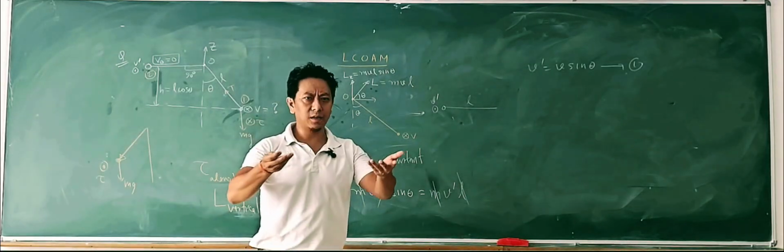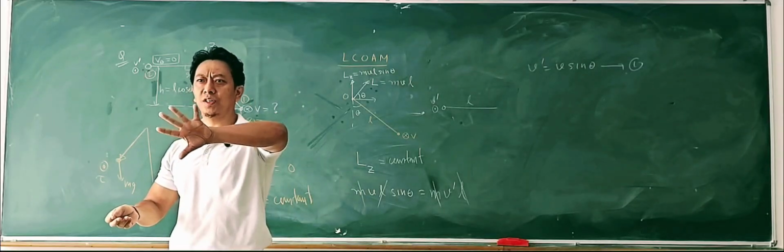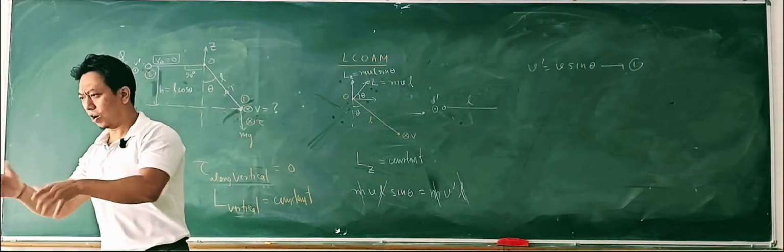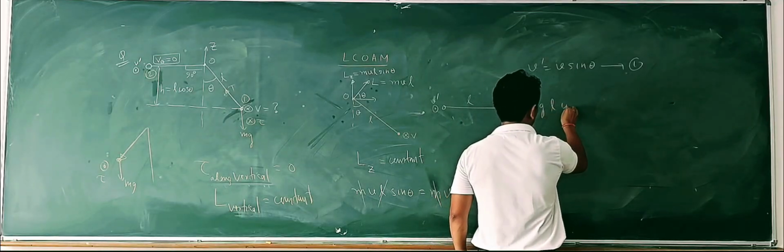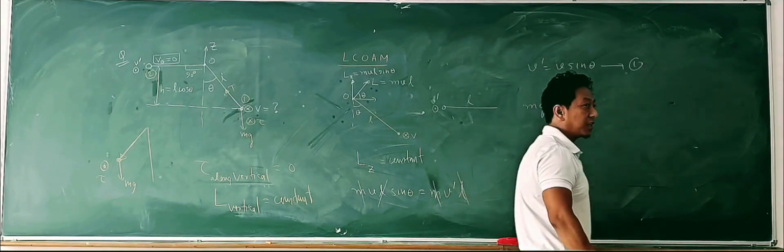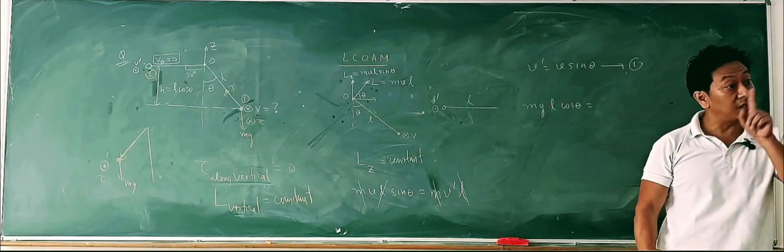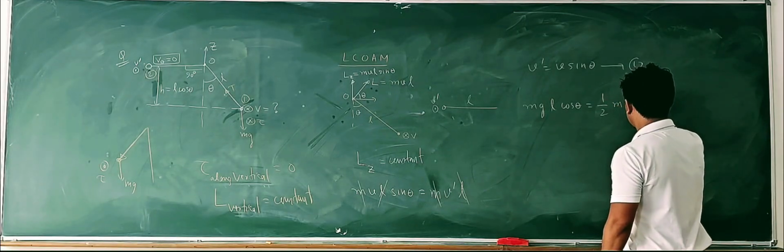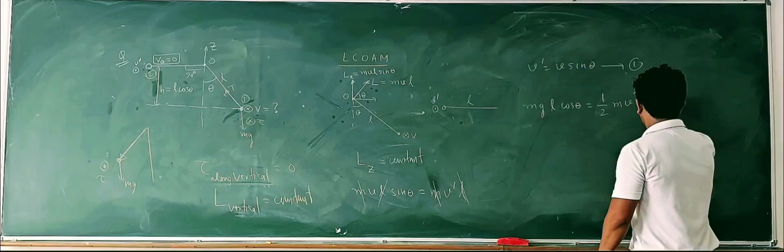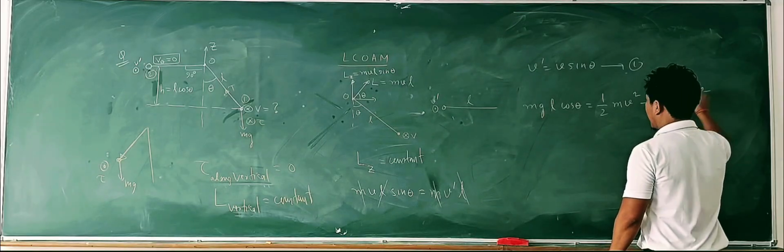So let us do direct conservation of energy. Potential energy gained, kinetic energy lost. So how much potential energy it gained? mg L cos theta. How much kinetic energy it lost? Lost means always initial minus final. Initial kinetic energy was half m v square. Final was half m v dash square.